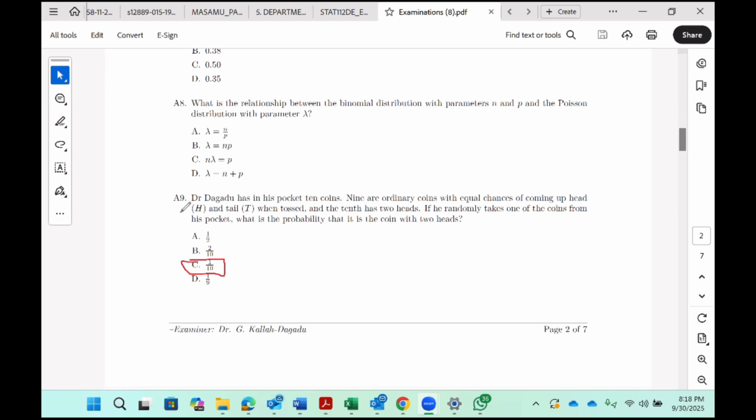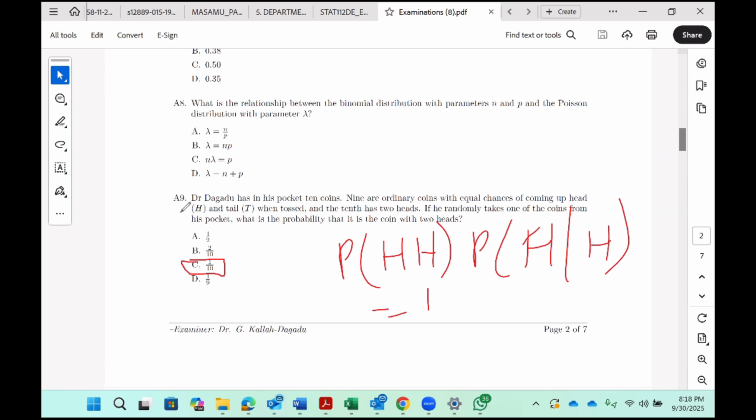That is a Bayes rule, but we only have to find the probability that it is HH times the probability that it is H, conditional on it being H. And that will be 1 over 10 times 1. That's 1 over 10. So that will give us 1 over 10 as the answer, C.